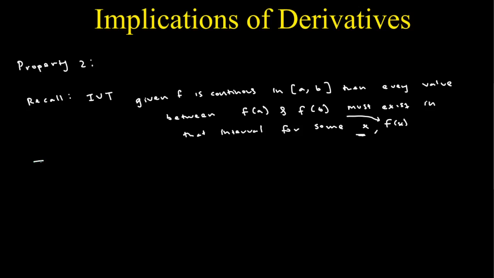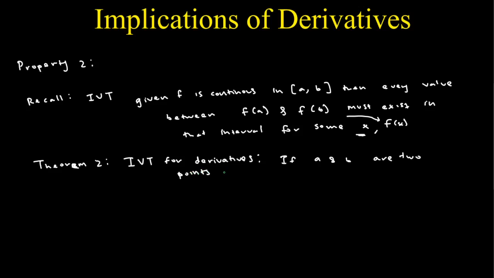So theorem 2. IVT for derivatives. Basically, if a and b are 2 points in an interval where f is differentiable, right?